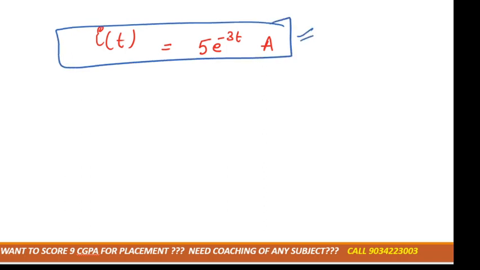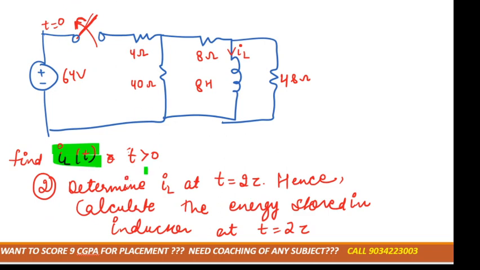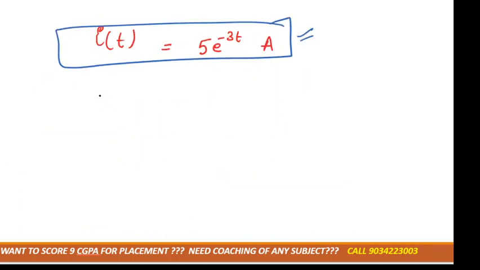After that, what they ask in the question: determine IL at t equal to 2 tau. So we need to calculate I(t) is equal to 5 into e raised to power minus 3t, with t equal to 2 tau.